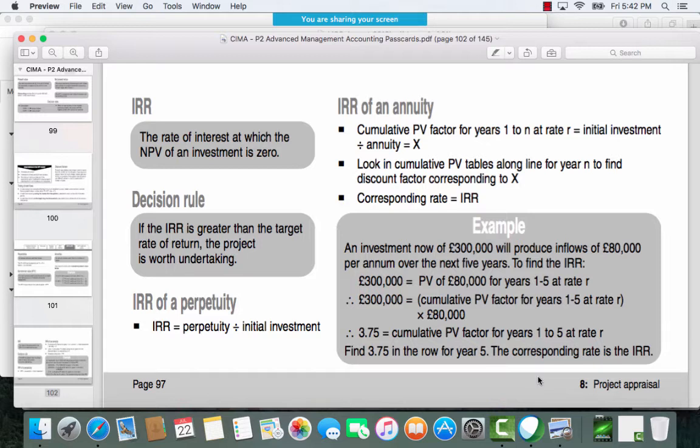Say, for example, my target discounting factor, I'm looking for a return of 10%, right? And I hit the IRR, internal rate of return, at 8%. So in this case, I should go ahead with the project because my IRR will break even at 8%, right? Sorry, the decision has to be: if the IRR is greater than the target rate of return, the project is worth undertaking.